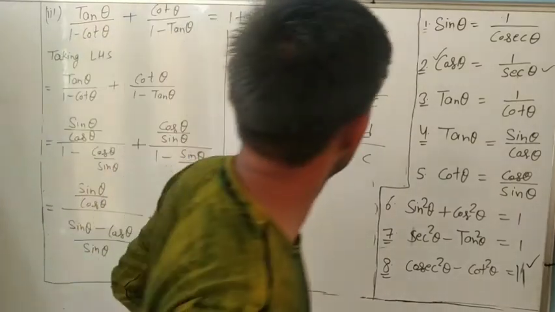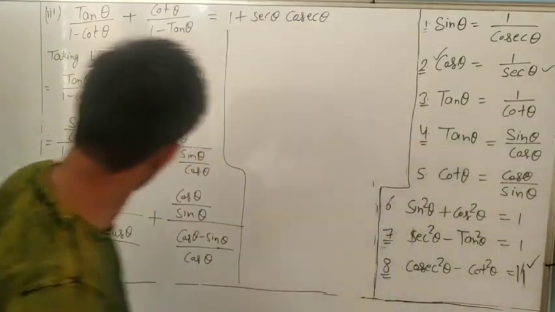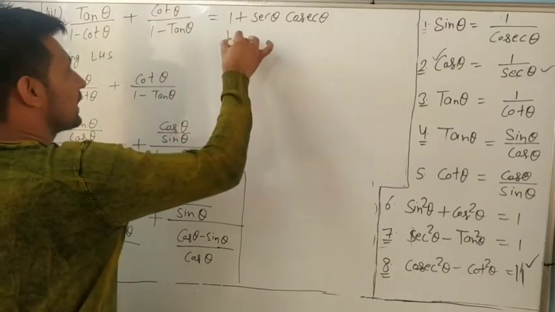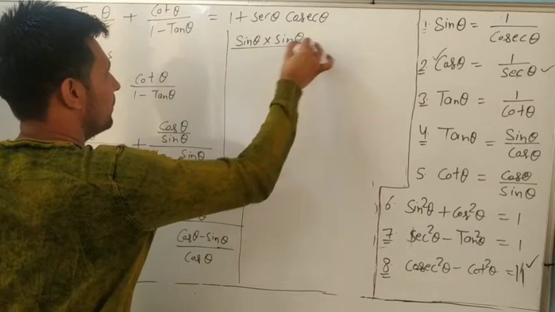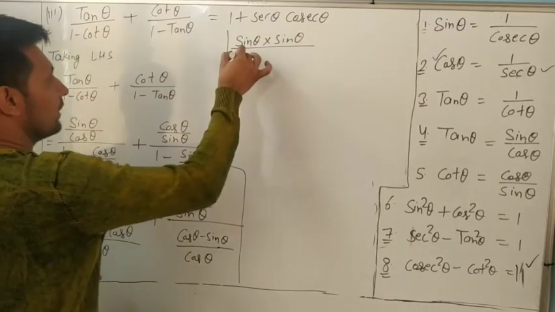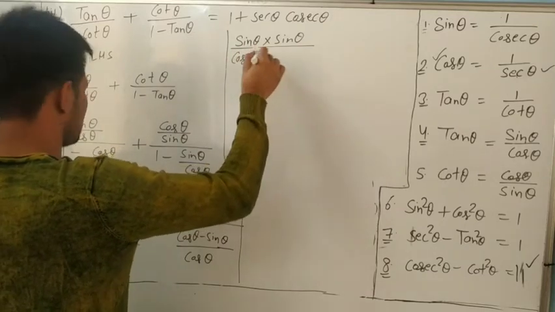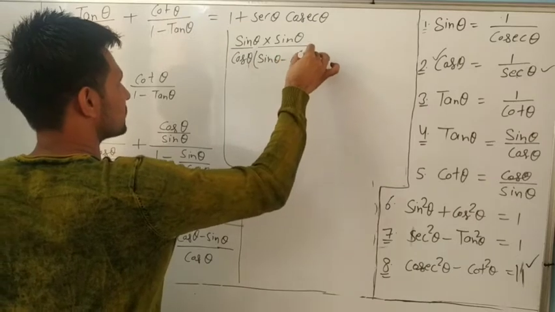You can remember it like this and write directly. Look at it: sin theta into sin theta upon cos theta into sin theta minus cos theta.